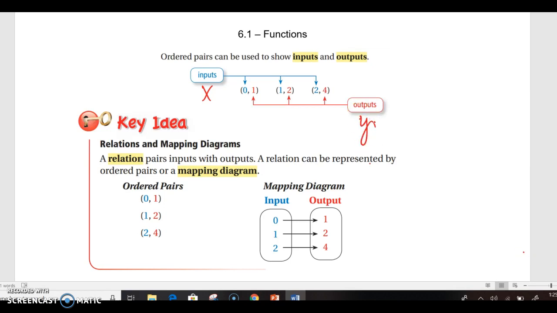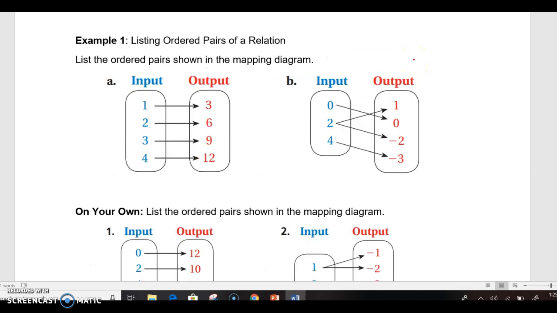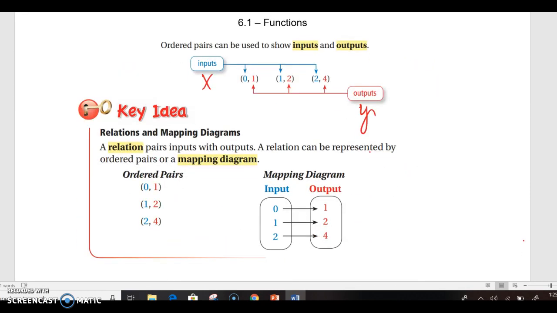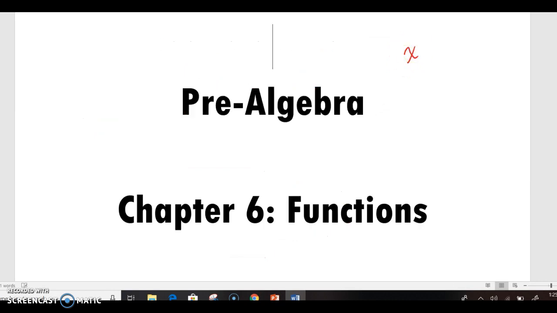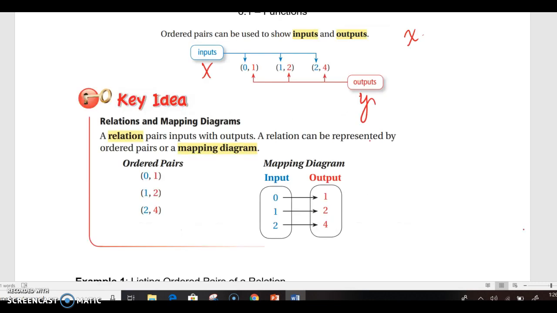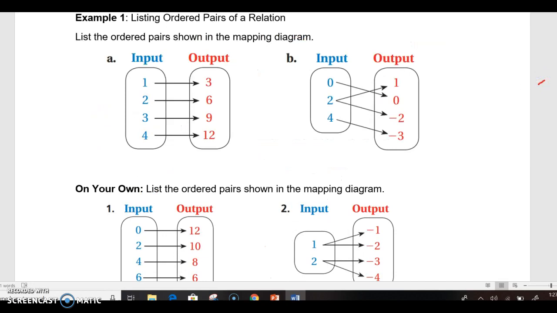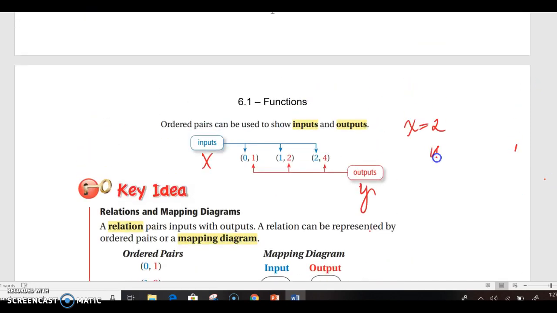So if you think about a little function machine, you take a little number and you put it in an equation. So if x is your input, let's just give x an easy value, like 2, and let's say our function, which can be written as an equation, is y equals x plus 2.